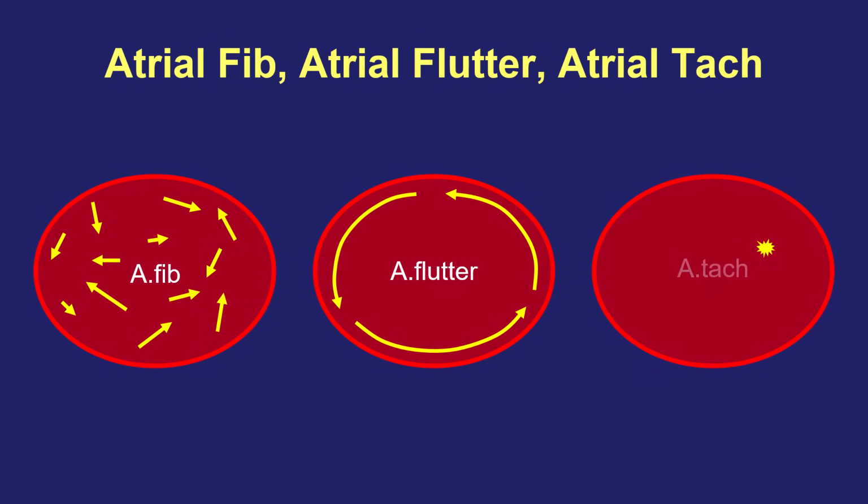A third fast rhythm in the top chambers is called atrial tachycardia, and that could be one of those trigger spots that just fires over and over again. Atrial fibrillation, as I said, can create an irregular pattern in the bottom chambers, and heart monitors are really good at detecting that irregularity and diagnosing A.Fib.